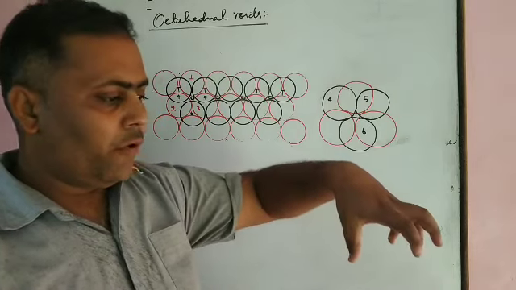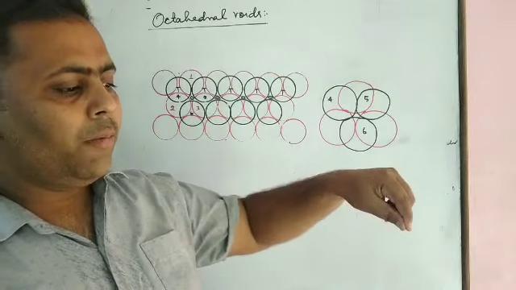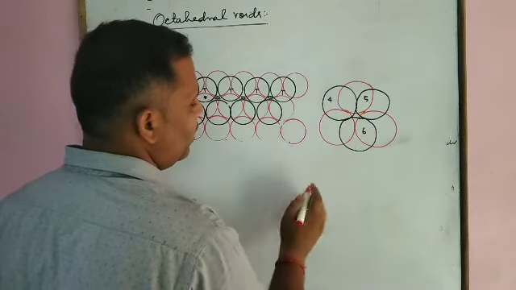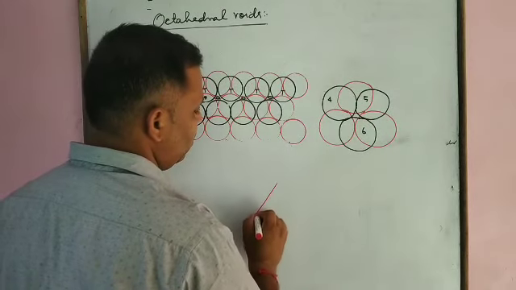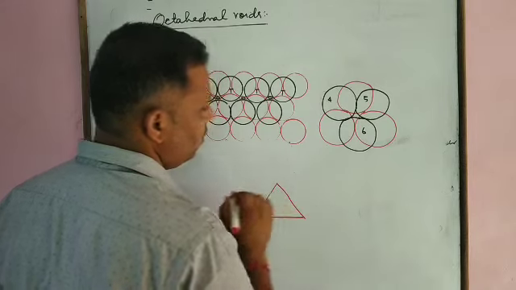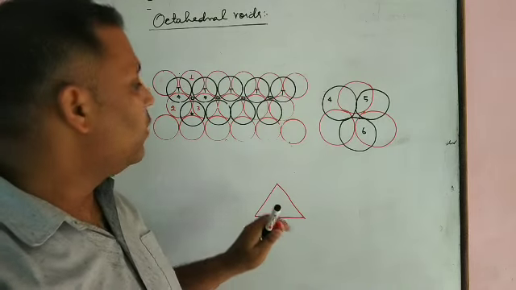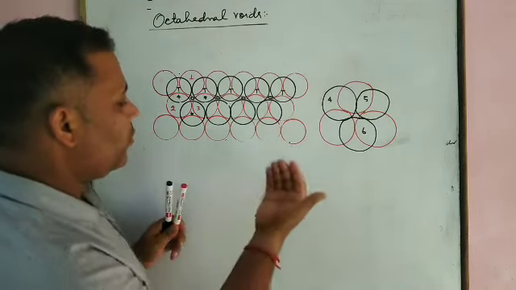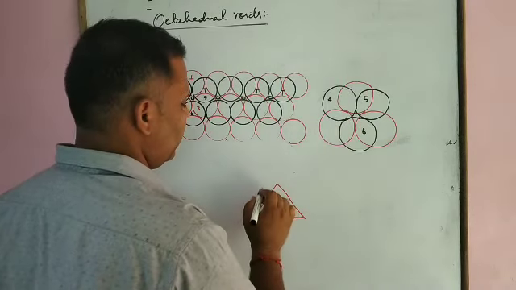One sphere, two sphere, three sphere, when we join them, it forms a triangle. First of all, I join the centers of the lower spheres, like this. Above that, we join the spheres of the upper layer, like this.